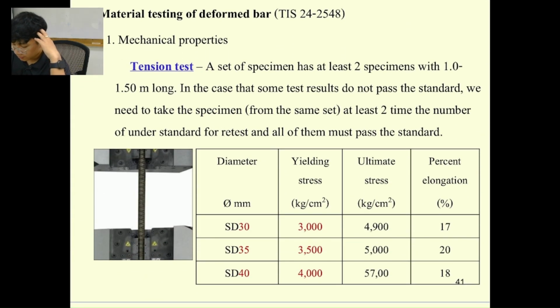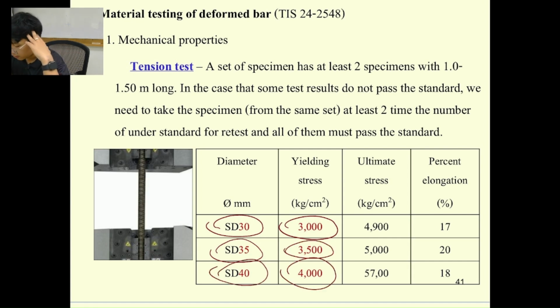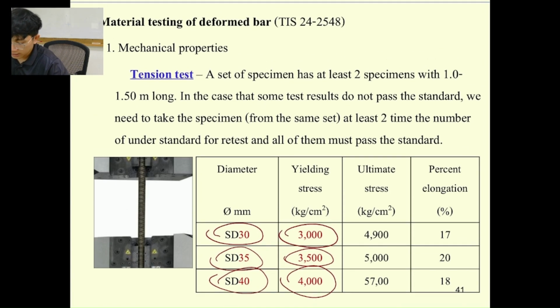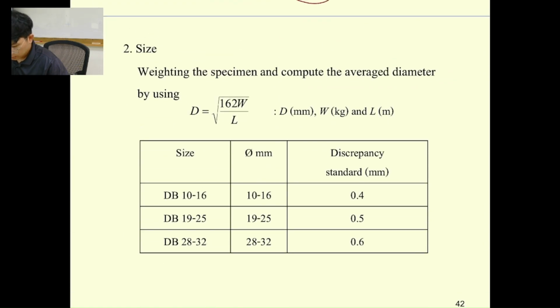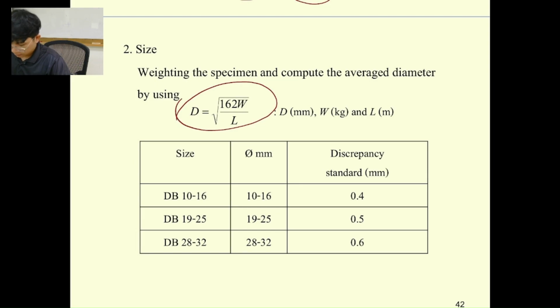If you look at the SD30, it has a yielding stress of 3000 KSC, SD35 is 3500, SD40 is 4000 over here, and they also specify the percent elongation for you. We're going to use the same equation.